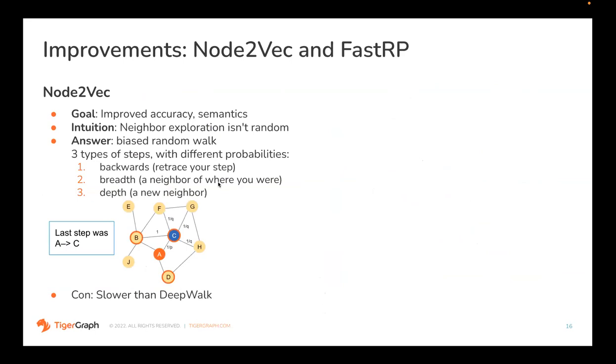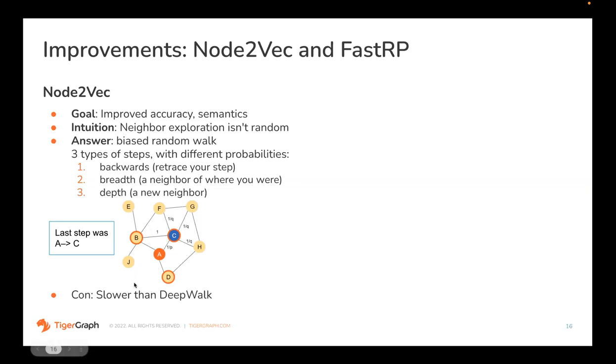And then there are 2 improvements. One's called node2vec, and what that does is it adds sophistication to the walk. Rather than being completely random, it says there's a difference between going forward, going backward, or going to the side. What do we mean by forward or side?